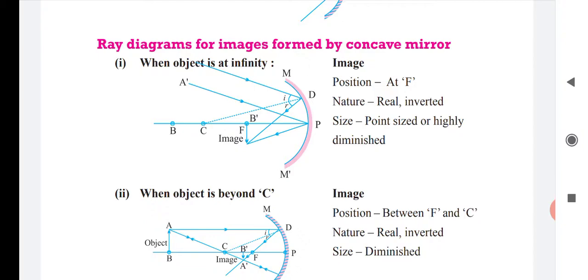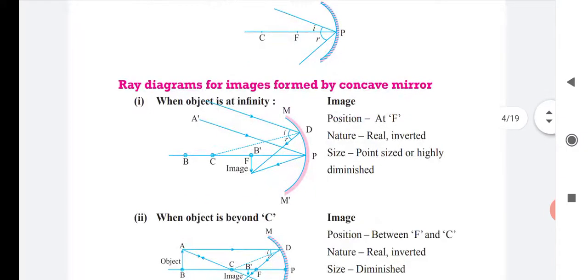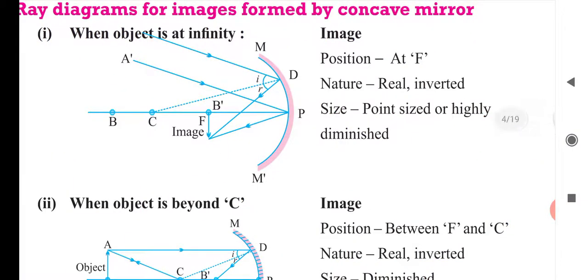So in the case of an object placed at infinity, where will you get the image, what is the nature of the image, and what is the size of the image? Here they have given the position of the object, that is infinity. When we place the object at infinity, the image will fall exactly at the focus, and when the image is formed at the focus, it is always real, it is always inverted, and the size is highly diminished.